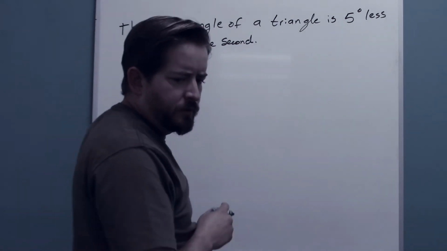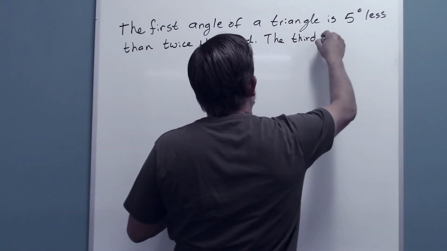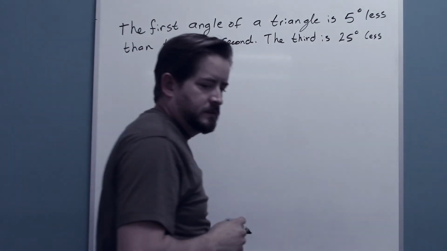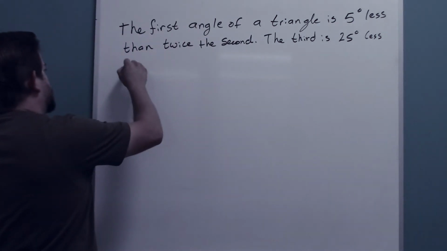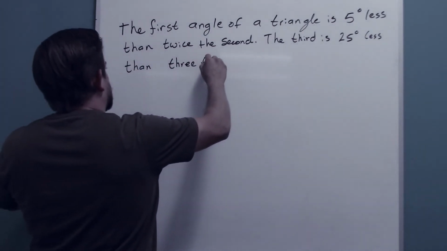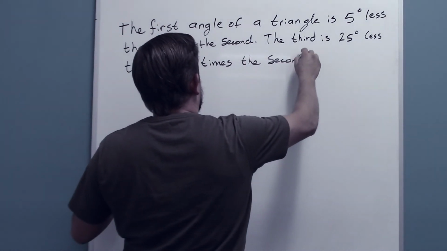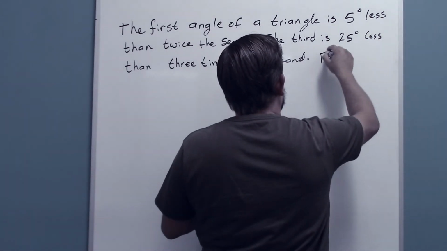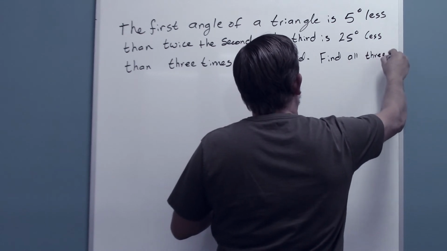And then we're told that the third is 25 degrees less than 3 times the second. And we're asked to find the measure of all 3 angles. So that's what we're asked.